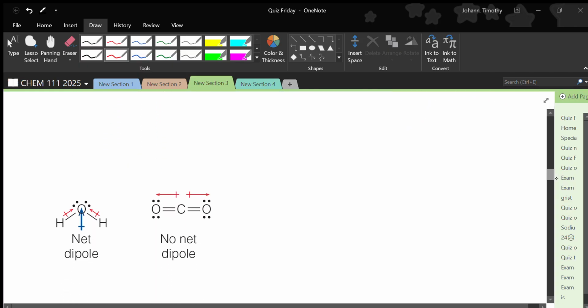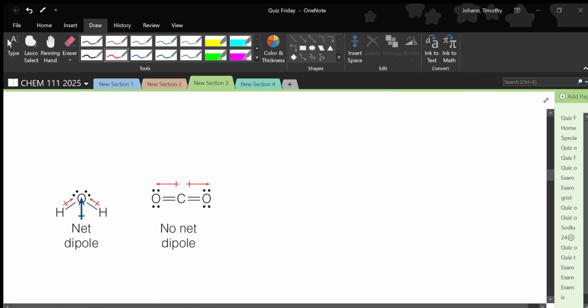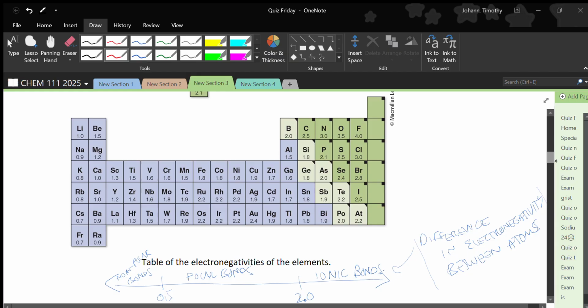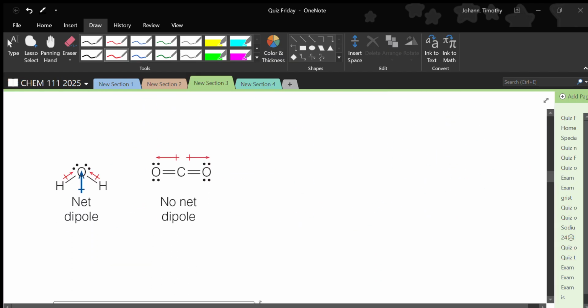If we come down here and look at the electronegativities of these atoms, the electronegativity of carbon is 2.5. The electronegativity of oxygen is 3.0. And so we do have a polar bond. The 0.5 and above is going to be polar. It lands on 0.5, so we have a polar bond here for this molecule.